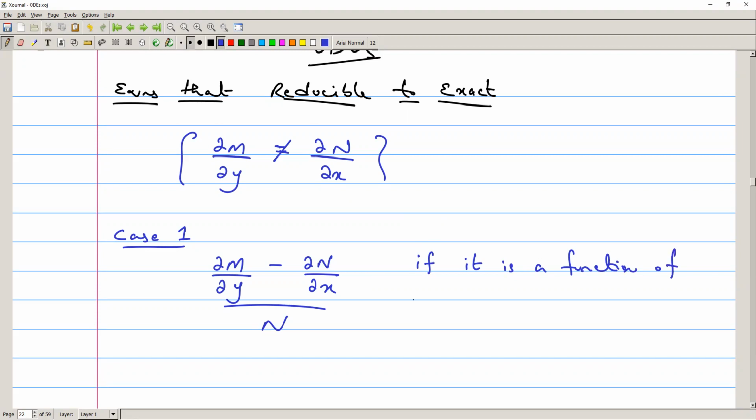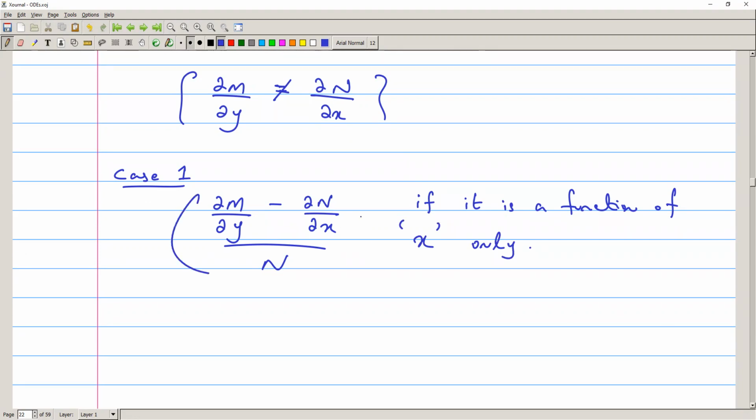This is an important point. If this gives a function of x only, then the integrating factor that will make our equation exact is equal to e to the power integral of the function of x dx.